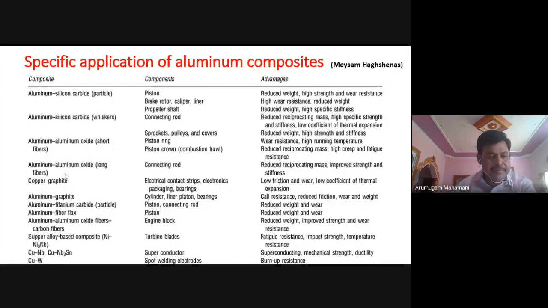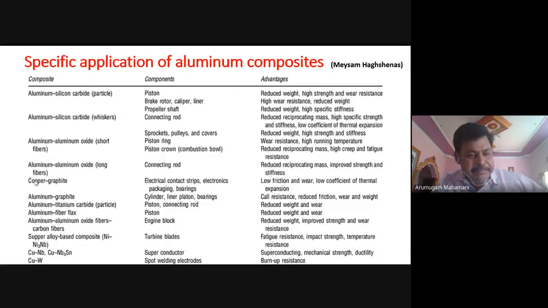Aluminum oxide, Al2O3 reinforcement, long fiber, is used in connecting rod. Copper graphite composite is also used in electrical contact strip, electronic packaging and bearing. Wherever electrical conductivity is essential, that is copper composite.